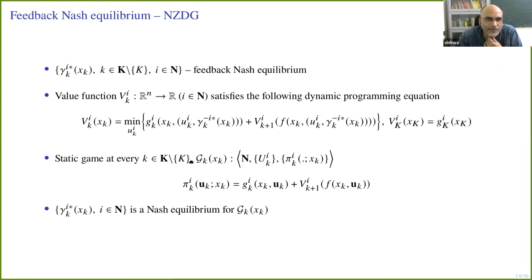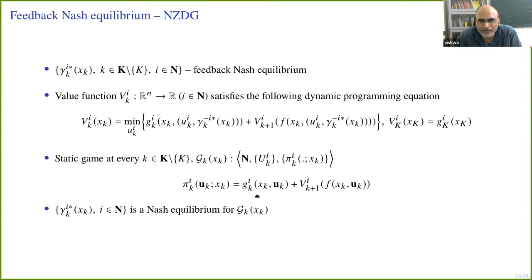So in some sense, players play a static game at every stage k where the payoffs of players are these. And the feedback Nash equilibrium at stage k is in fact the Nash equilibrium for this static game.